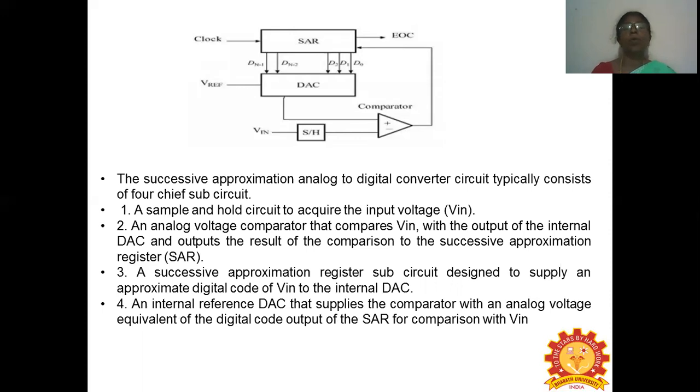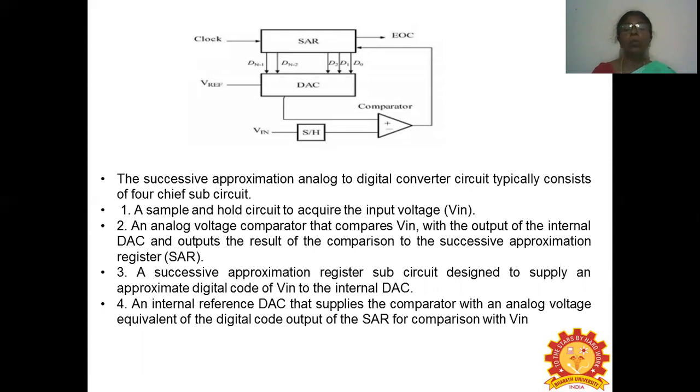The successive approximation analog to digital converter circuit typically consists of four main parts. First, a sample and hold circuit to acquire the input voltage V input.